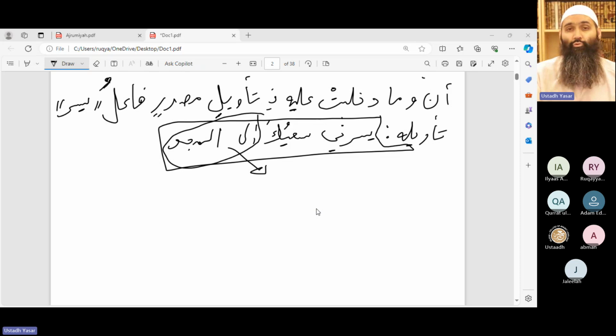Like if we were to say, obviously this is an ayah of the Quran, so we cannot change it. But if you were to say this jumla outside of the Quran, you could say, lan nabraha akifina alayhi.